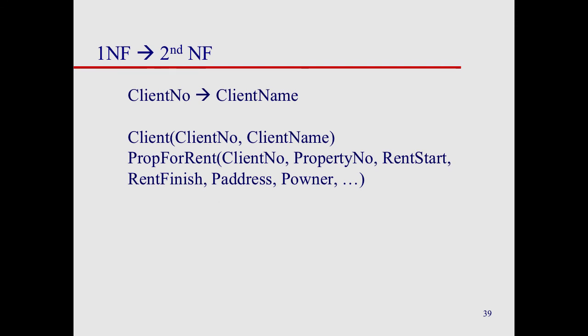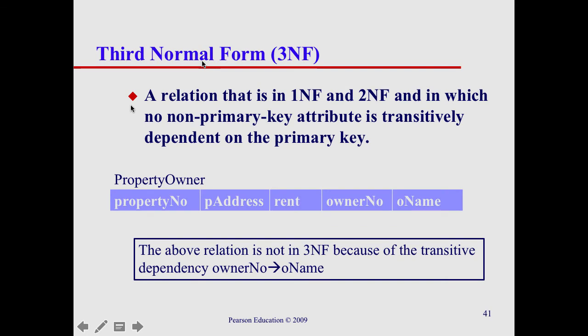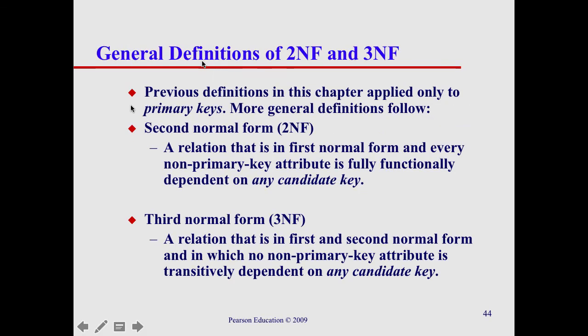So under that stricter definition, which I will not be holding you to, while this is second normal form in primary key definition of normal form, it is not in second normal form under this stronger definition that the non-primary key attributes must be fully functional on any candidate key.